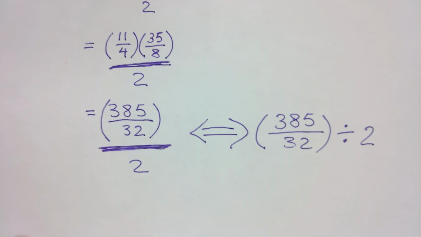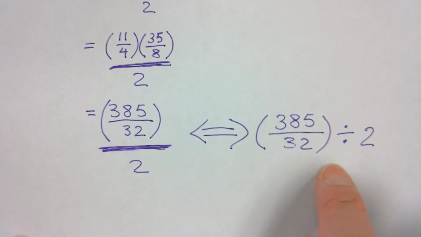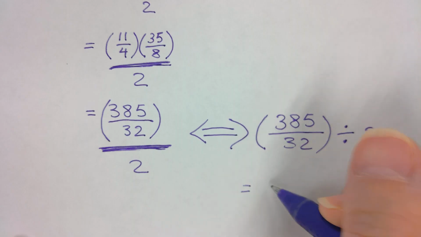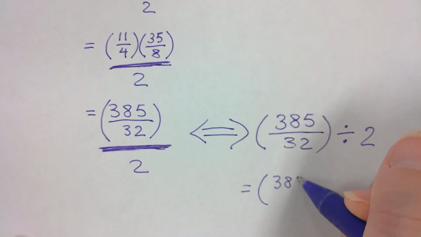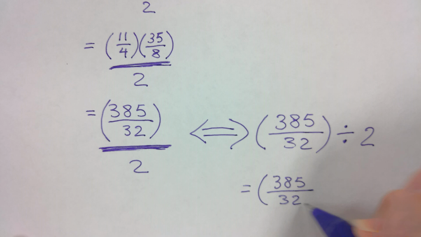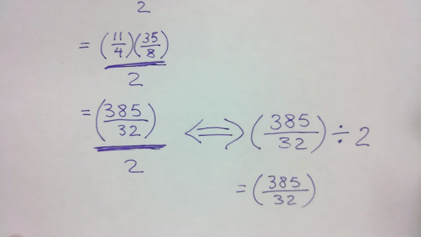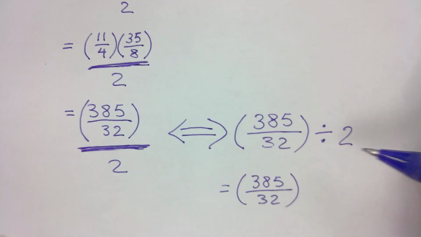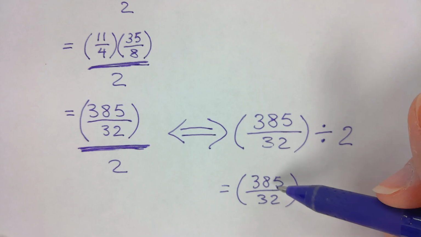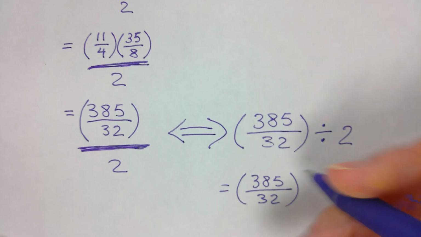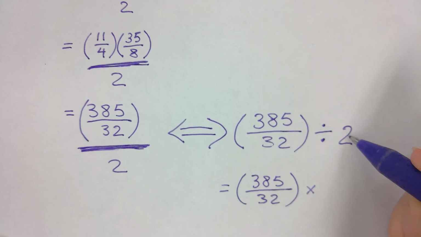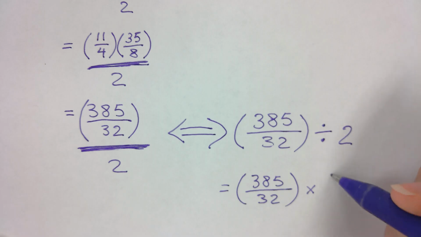This looks much nicer, and you probably know what to do next. 385 over 32. Remember KFC or KCF? Keep, change, flip. I'm going to keep my first fraction, change the sign, and flip. When I flip the 2, it becomes 1 over 2.